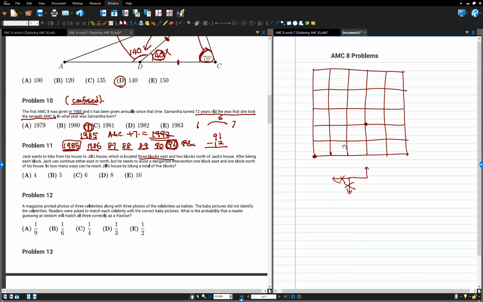So, in how many ways can Jack reach Jill's house by biking a total of 5 blocks? How many ways from point A to point B? The number of paths. This we call the number of paths. But there's a rule.